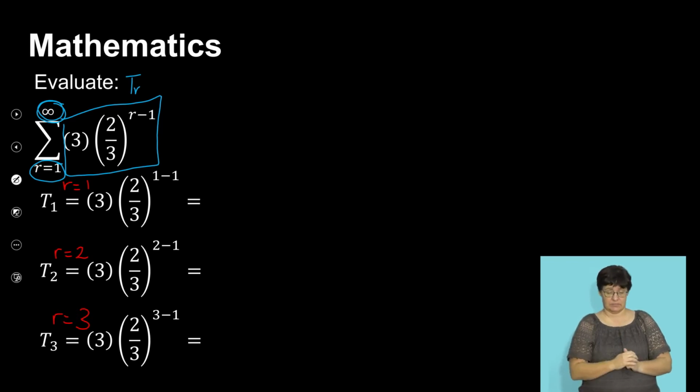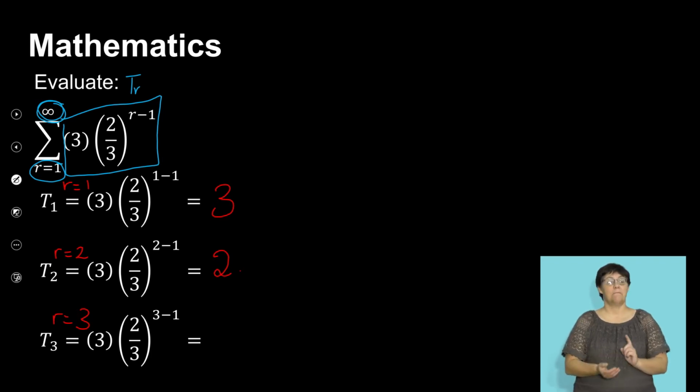So if I have 3 times 2 over 3 to the power of 1 minus 1, I'm going to be left with 3. Then for term 2, I've got 3 times 2 over 3 to the power of 2 minus 1. And everyone, that is just going to leave me with a value of 2. Cool, guys.